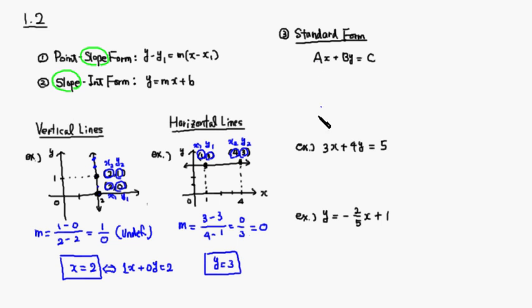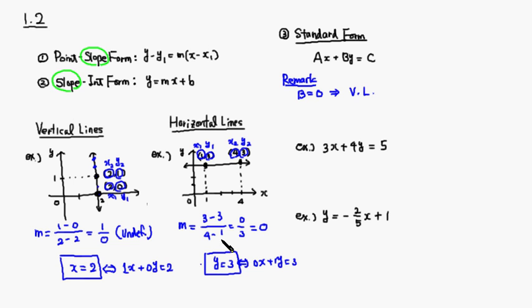Note that this is also in standard form, as you can see that it is equivalent to saying 0x plus 1y is equal to 3. So here's a remark. If b equals 0 in the standard form, like the earlier one, this is going to be a vertical line.